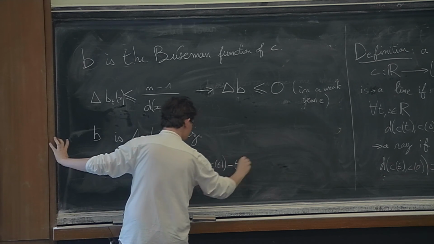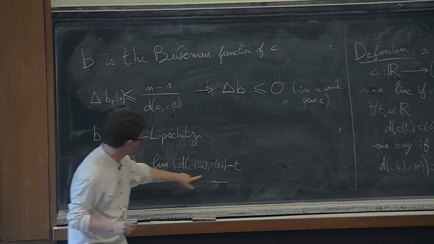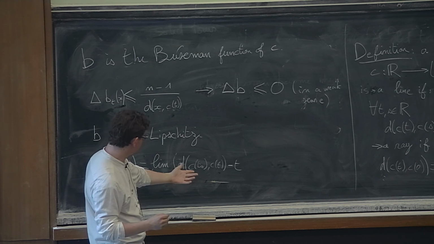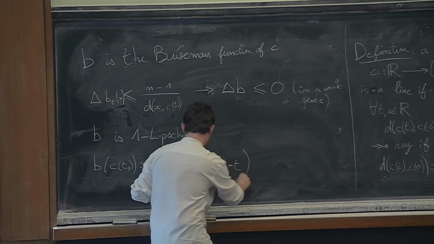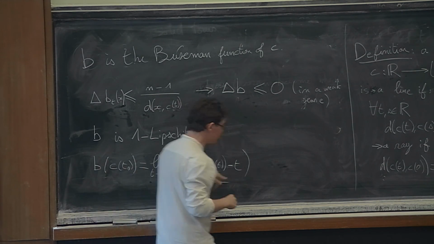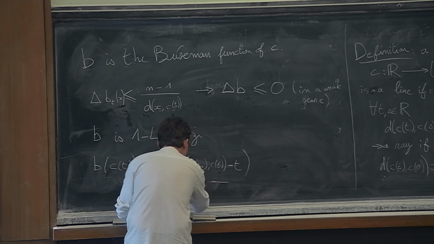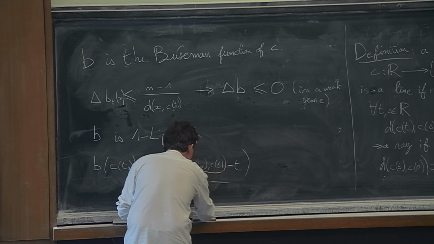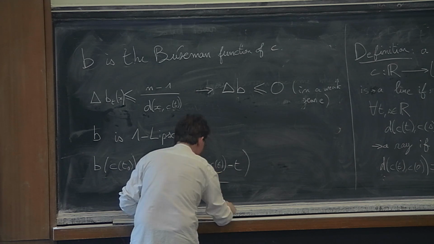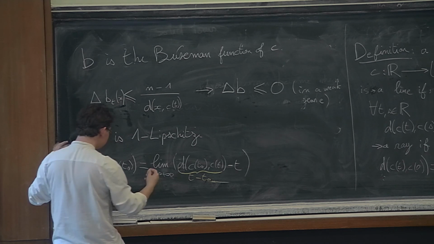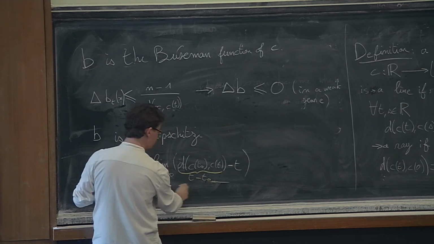Okay? So t is going to infinity, so we might as well assume that it's bigger than t_0. So here, what is this distance? At least when t is really big, it's t minus t_0. Okay? So the t cancels out.